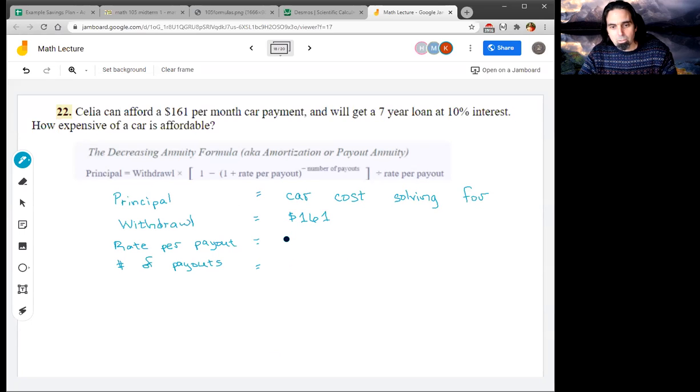The rate is 0.1 per year, and 7 years. It is monthly, so we need to fidget again.